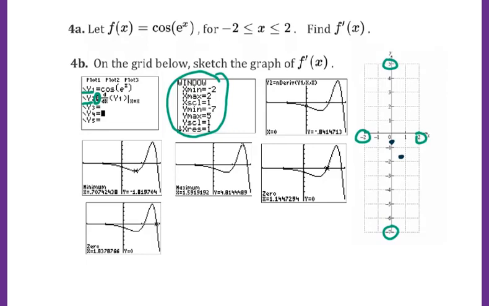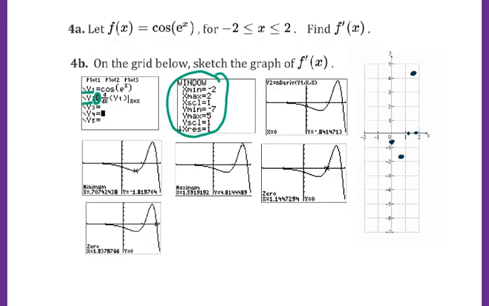Just estimate. Maximum value will be 1.5 and 4.8. It's here. Then for the zeros, they go to 1.1, which is here, and 1.8 will be here.